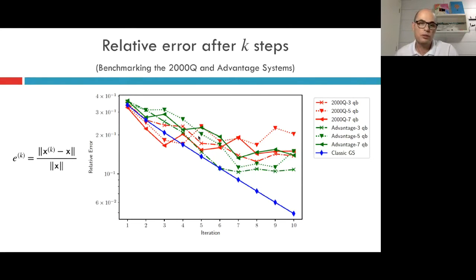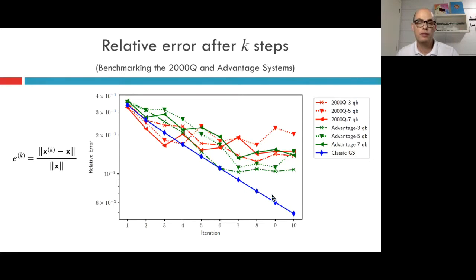We observe that the Advantage is a bit better than the 2000Q QPU, but it's important to observe that after 6 iterations, the quantum computer goes to a stationary value of the relative error, while the classical Gauss-Seidel keeps going to smaller errors.